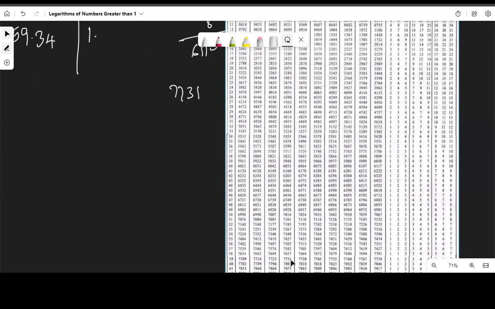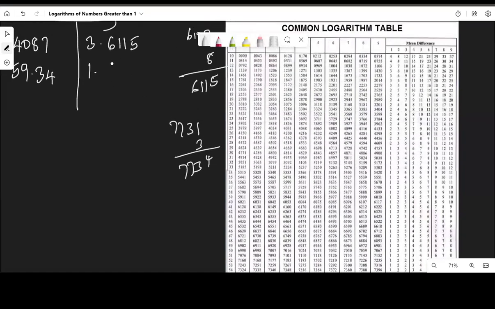Difference of 4 is 3. Plus 3, we have 4. So 7734.